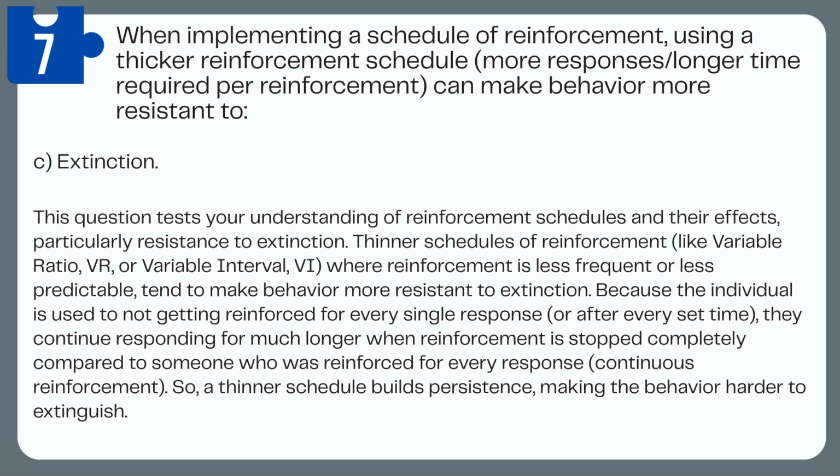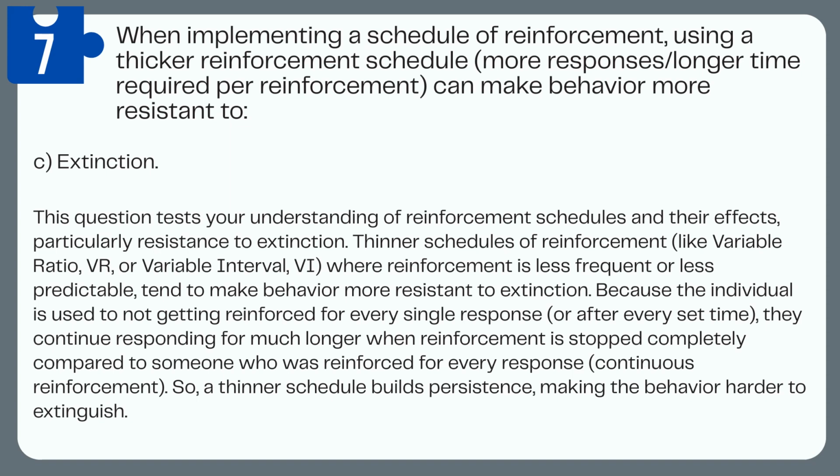Answer C. Extinction. This question tests your understanding of reinforcement schedules and their effects, particularly resistance to extinction. Thinner schedules of reinforcement, like variable ratio (VR) or variable interval (VI), where reinforcement is less frequent or less predictable, tend to make behavior more resistant to extinction, because the individual is used to not getting reinforced for every single response, or after every set time.